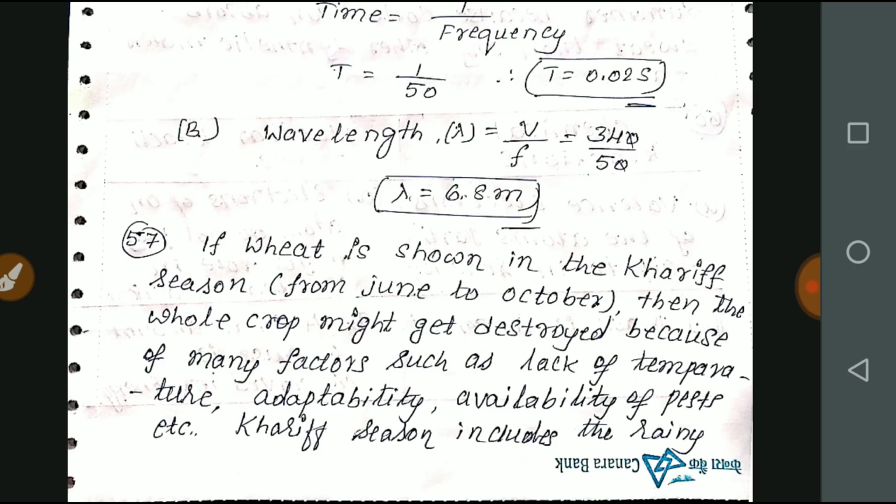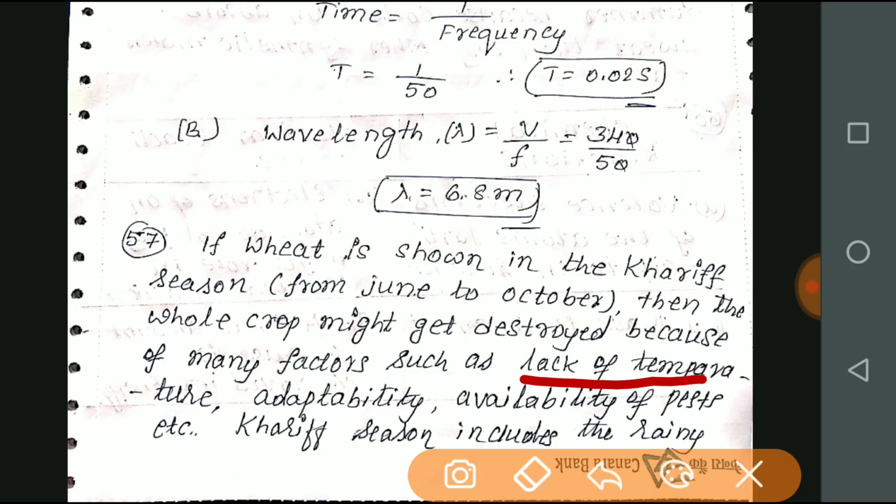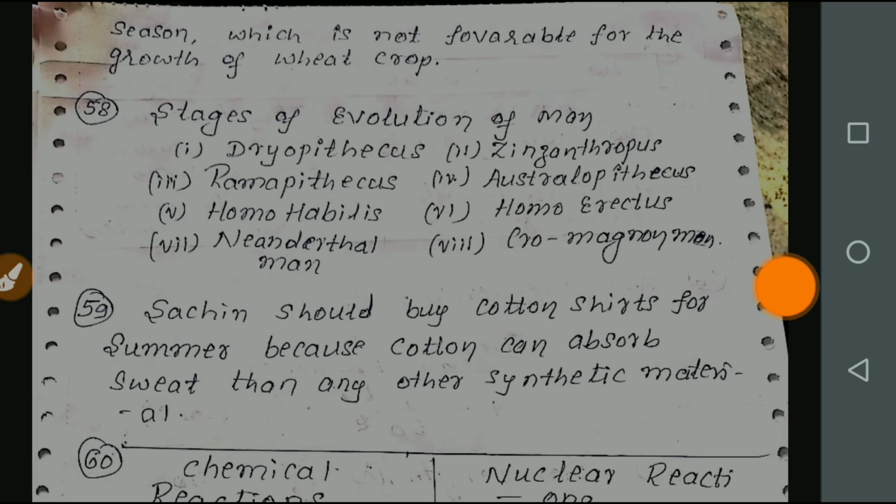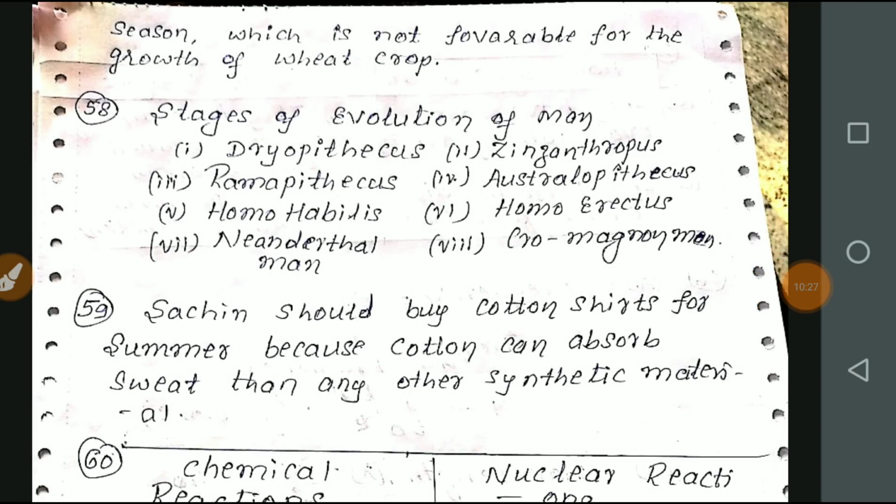Then the whole crop might get destroyed because of so many factors such as lack of temperature adaptability, availability of pests, etc. Therefore, the Kharif season includes the rainy season, which is not favorable for the growth of wheat crop.